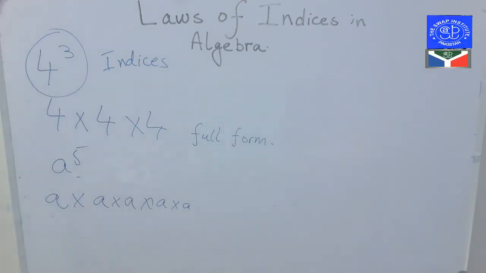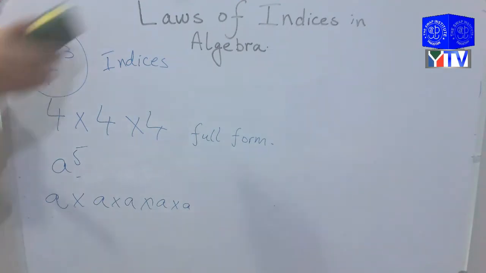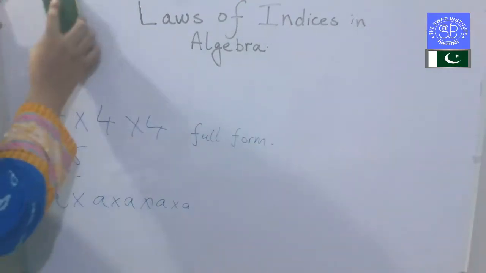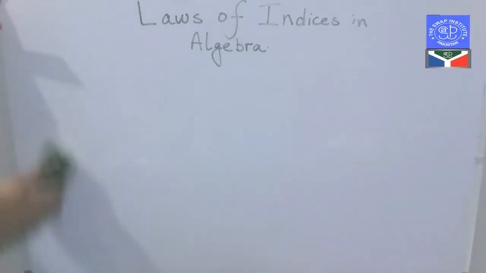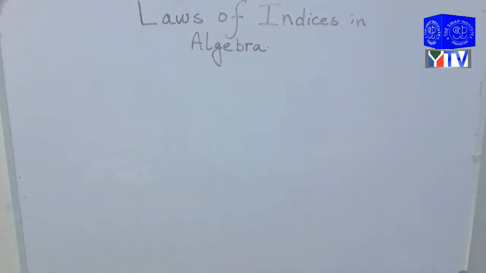That's good. Now we will move to the topic, laws of indices in algebra. You have learned how to write the indices form, or how to write a number given in indices form in full form. Now we will do the rules. So first, what was the rule?